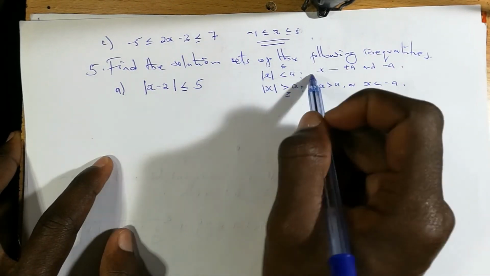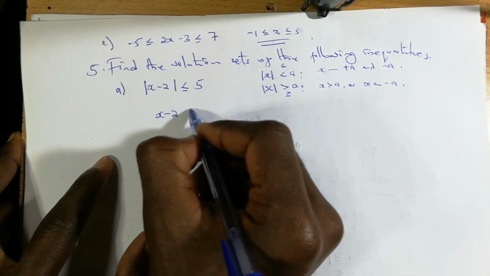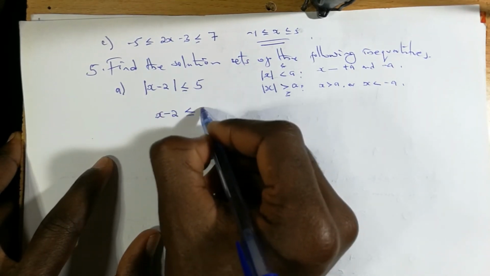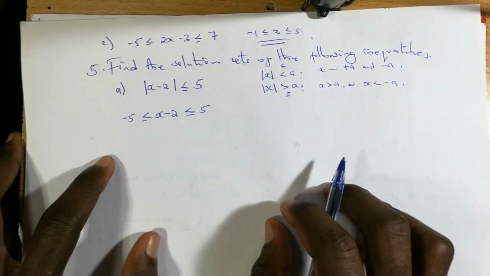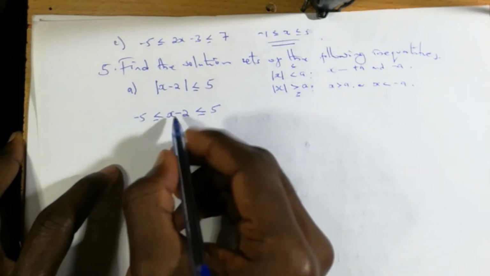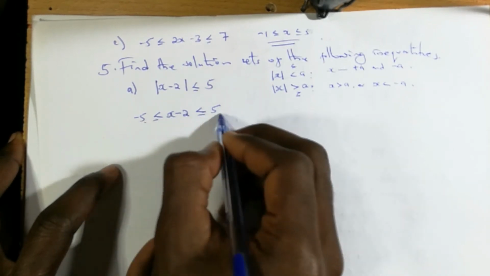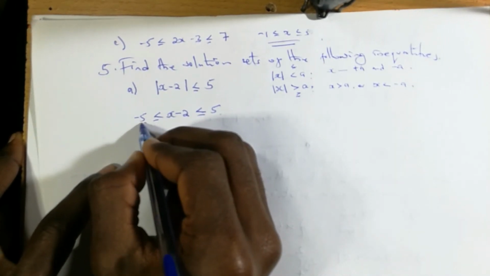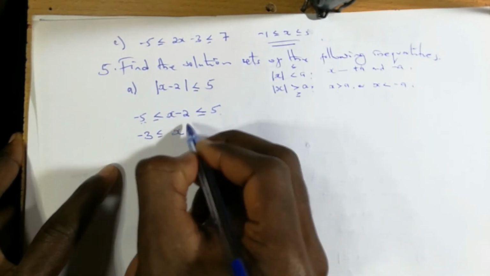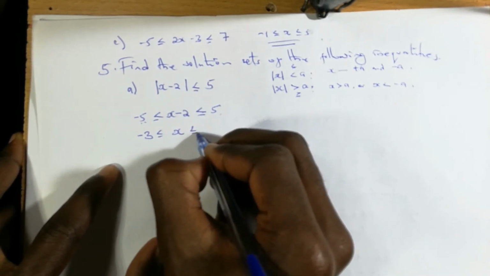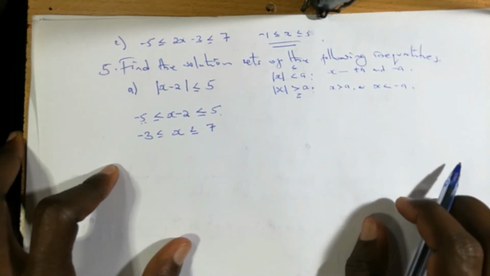Since we have less than, we're going to consider that x minus 2 must lie between the positive value of 5 and the negative value of 5, and we solve that. Here we remove 2, that means we are adding 2 everywhere. If we add 2 here, we're going to have -3 less or equal to x, because the -2 plus 2 removes it, less or equal to 7, and that would be our solution.